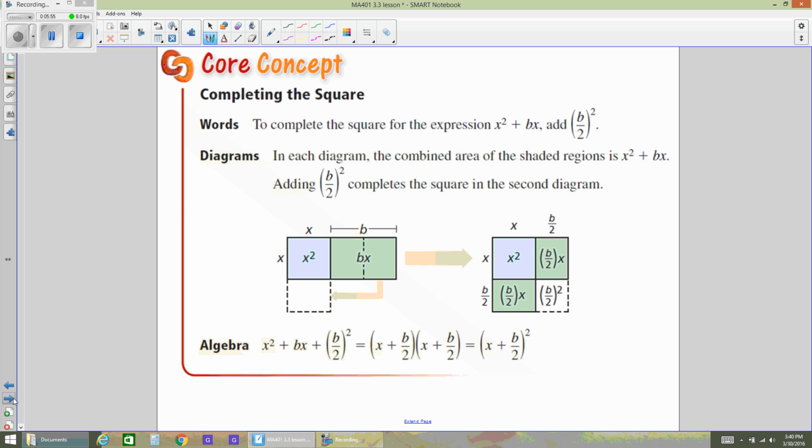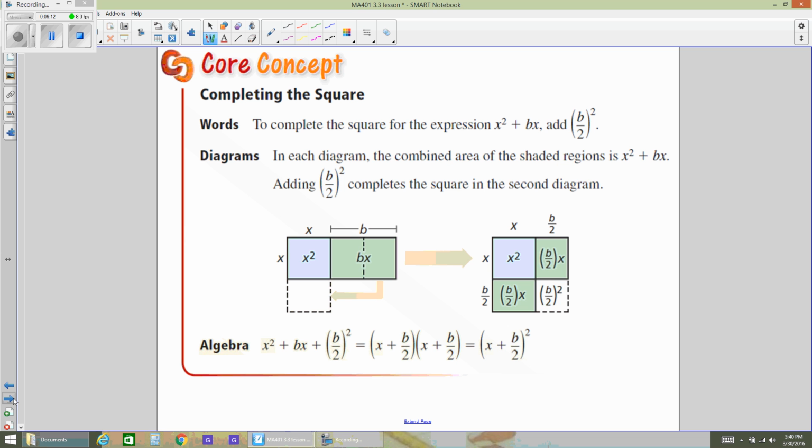Okay, here's our core concept sheet. It's talking about doing this thing called completing the square. So to complete the square, what we need to do to an x squared plus bx is add half of b squared.